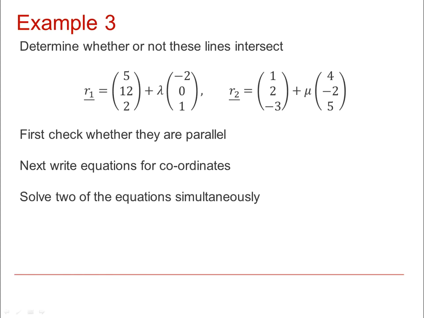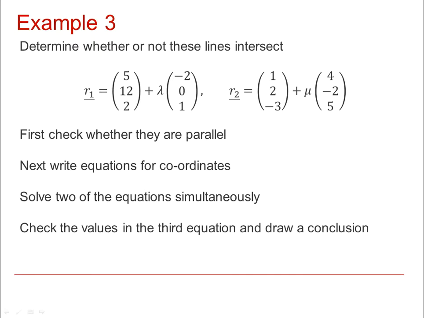We solve 2 of those equations simultaneously and get values of mu and lambda, and then using the third equation we substitute those values of lambda and mu to see whether they work for the third equation, in which case we found a single point of intersection, or whether that leads to an inconsistency, in which case the lines will be skew lines. So that's the method. Pause the video now and work through it yourself before you look at the solution.